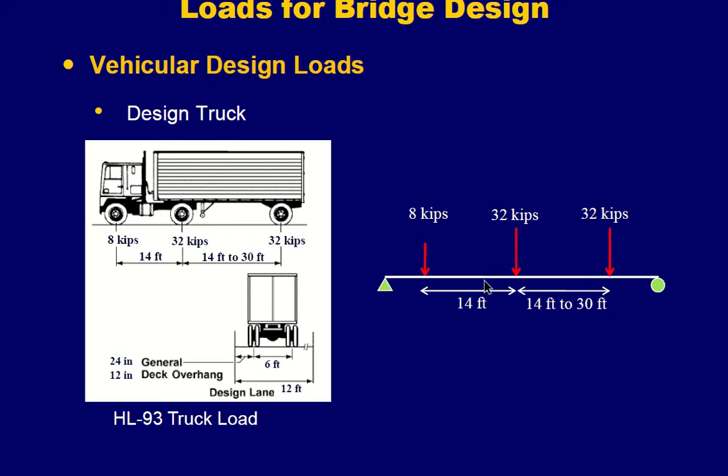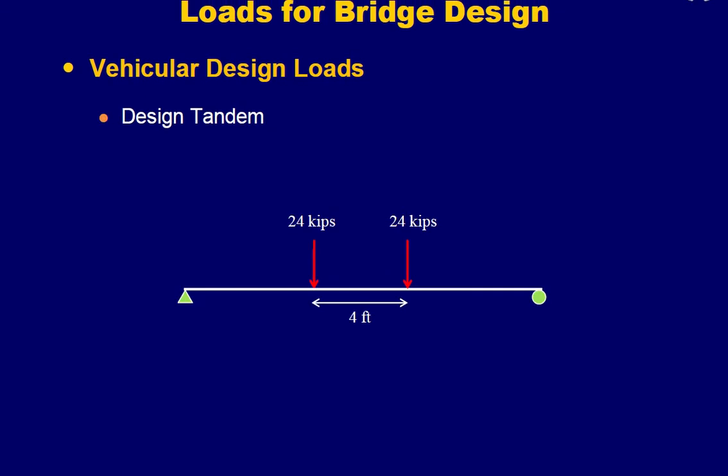Now you can see that the 8 kips, 32 kips, 32 kips loads are applied at the distances specified in HL93. So you can analyze this girder considering it as a beam, and you can analyze it by the influence line method, which you have read in structural analysis. You can use a quantitative approach or a qualitative approach, whichever suits you.